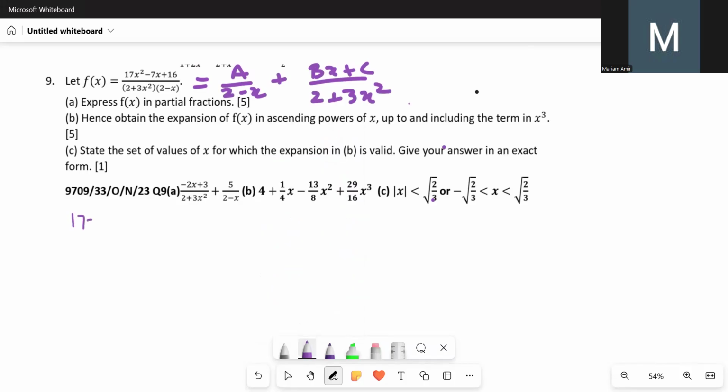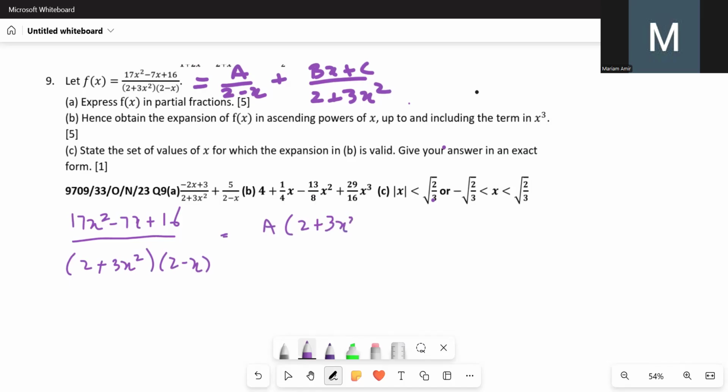Now I am going to take the LCM of the right hand side so that the denominators of both sides become the same and we can cancel them. A has to be multiplied with (2 plus 3x squared) and bx plus c has to be multiplied with (2 minus x).